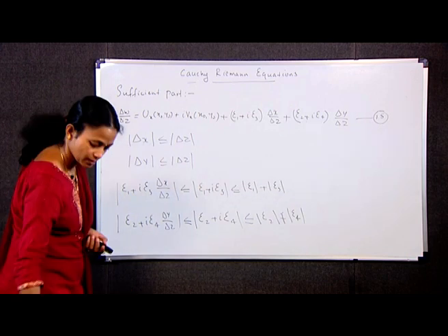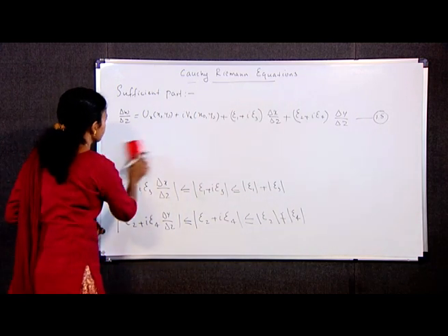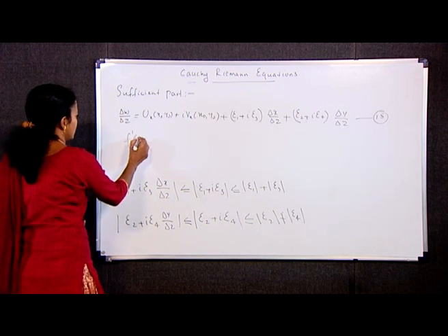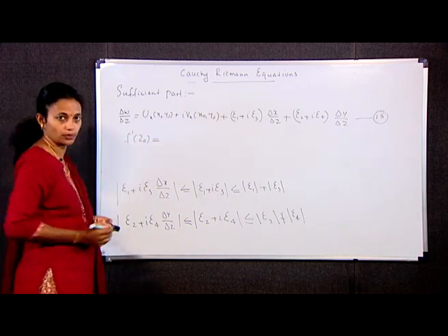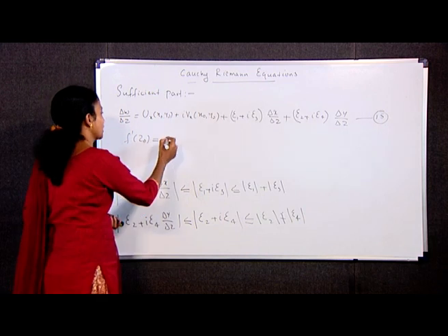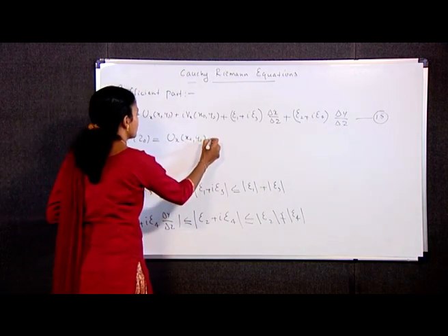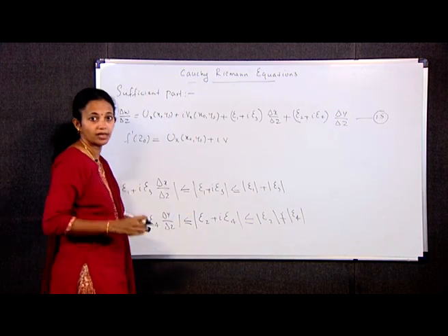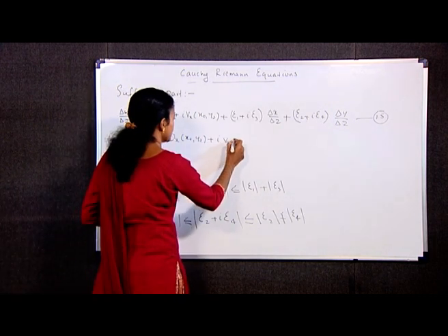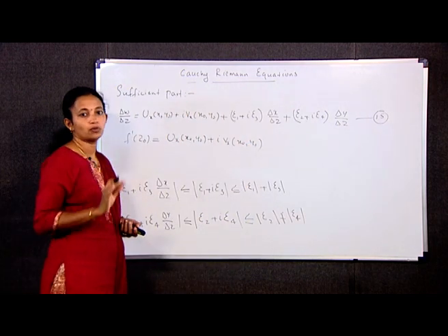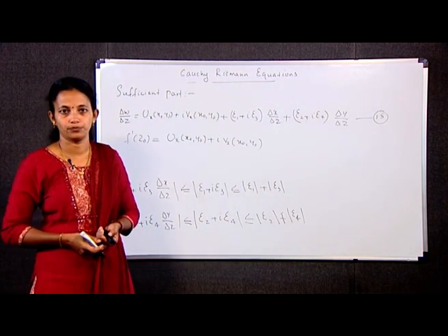That is, we can write f dash z naught is equal to ux x naught y naught plus i vx x naught y naught.